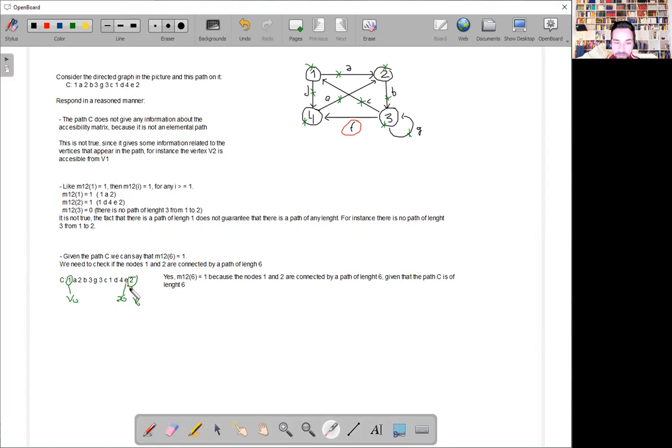Think about it. We have this loop here. So think what happens in this case with the accessibility matrix. Okay, anyway, let's go to the last question.